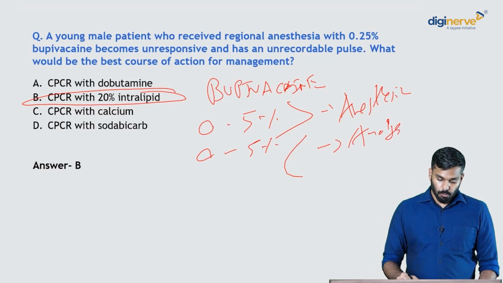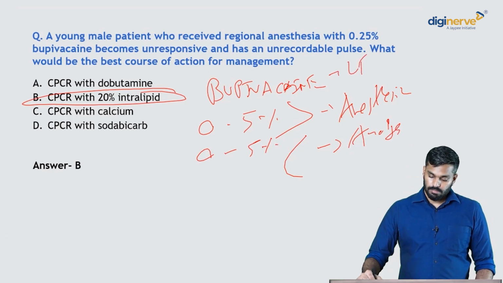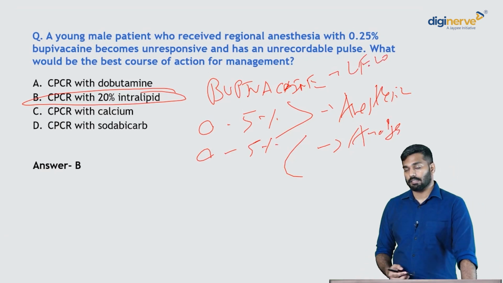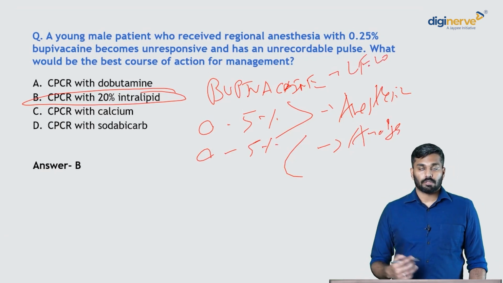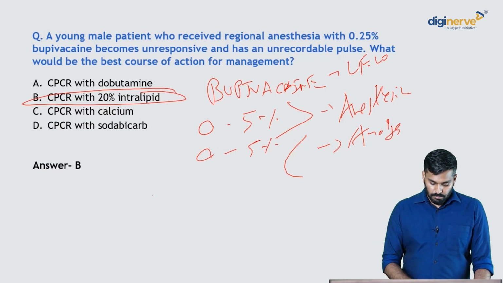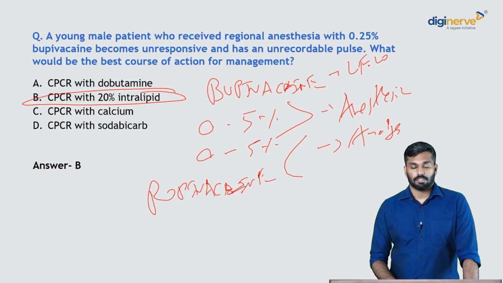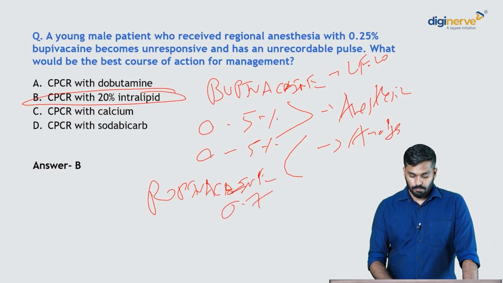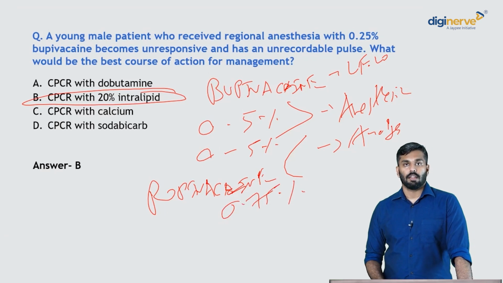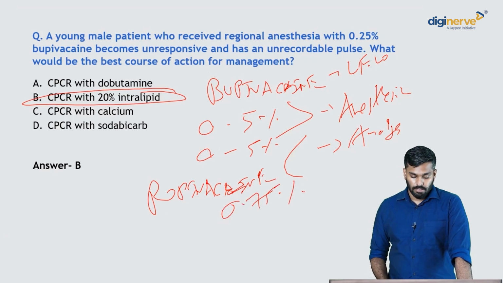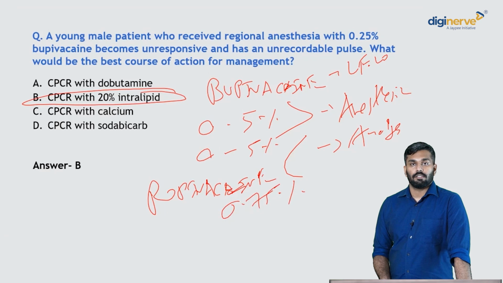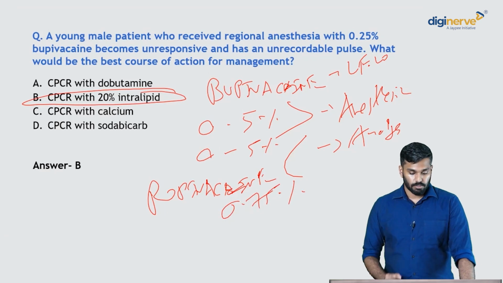Same with levobupivacaine, it's the same, 0.5% and above is for anesthesia, 0.5% and below is for analgesia. In case of ropivacaine, any concentration of 0.75% and above is for anesthesia, and anything 0.75% and below is for analgesia. So remember this.